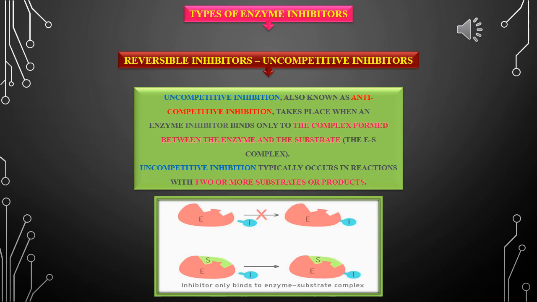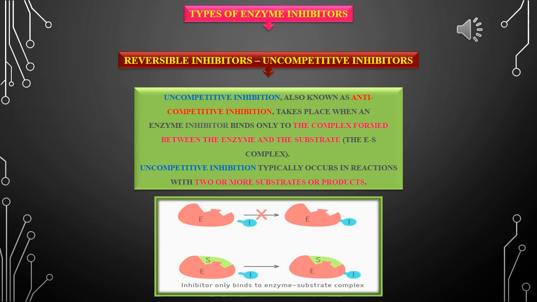Coming to uncompetitive inhibition, it is also known as anti-competitive inhibition. It takes place when an enzyme inhibitor binds only to the complex formed between enzyme and substrate. Once the enzyme and substrate form a complex, the inhibitor inhibits product formation by binding to the enzyme-substrate complex.